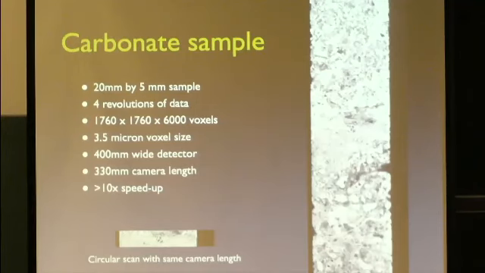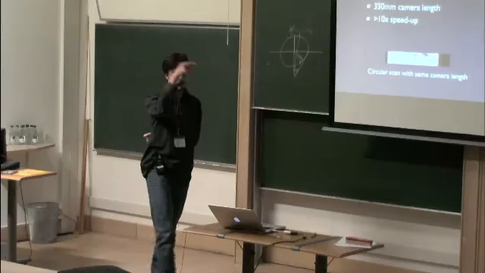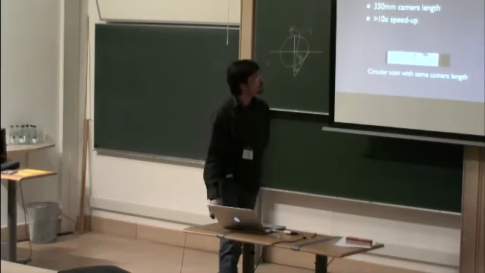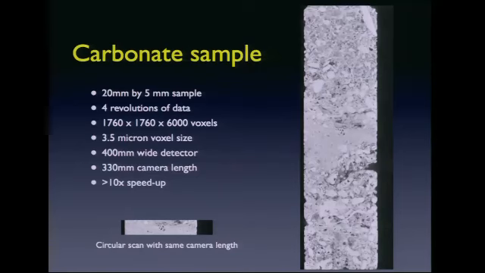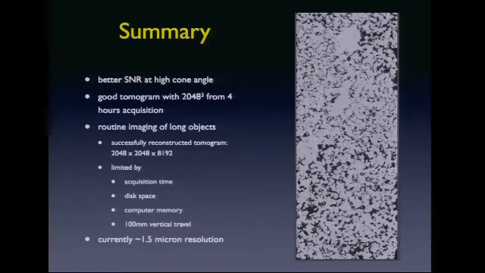This is reconstructed with 4 revolutions of data. So if you go through the numbers and find what sort of speed up you get, you can do a speed up of 10 times for maintaining the same signal to noise in the reconstruction, and therefore of course we can reconstruct much larger volumes.